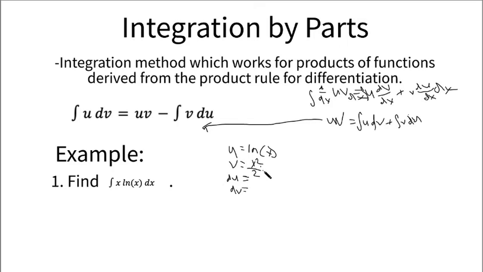When we find dv, dv over dx is x, because the 2 comes down and the 2's cancel out. So dv is x times dx. This is the reason why we chose x squared over 2 for v. And du over dx is 1 over x, so du is dx over x, or 1 over x times dx.